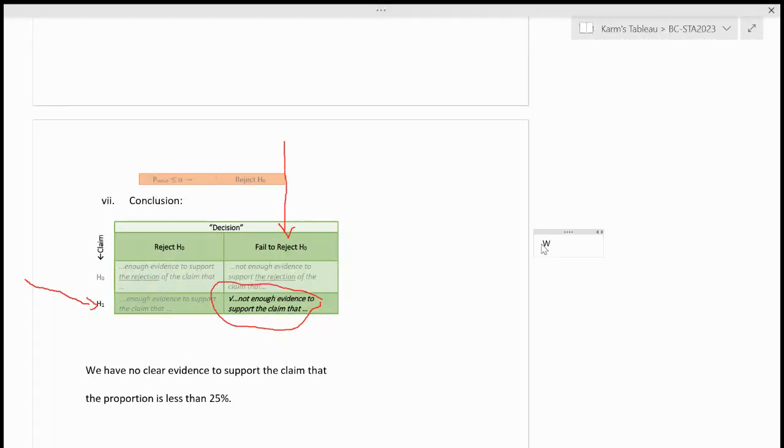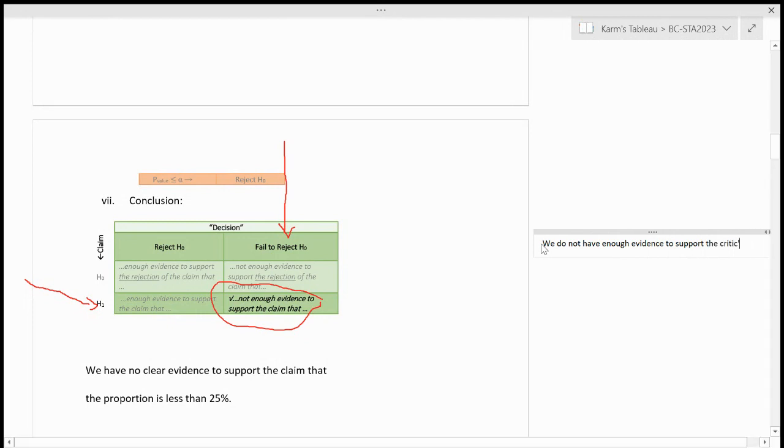So we can say we do not have enough evidence to support the critic's claim stating that less than 25% attending the party were black.